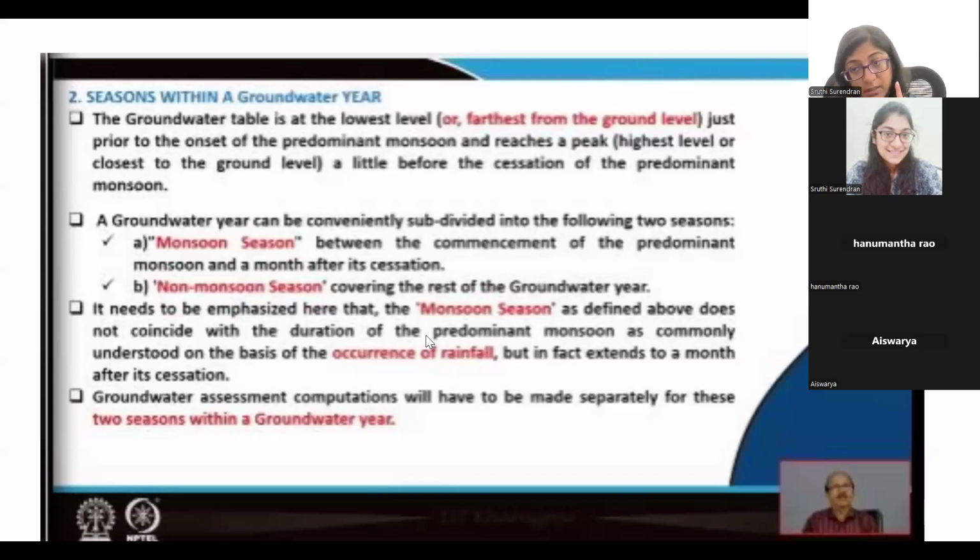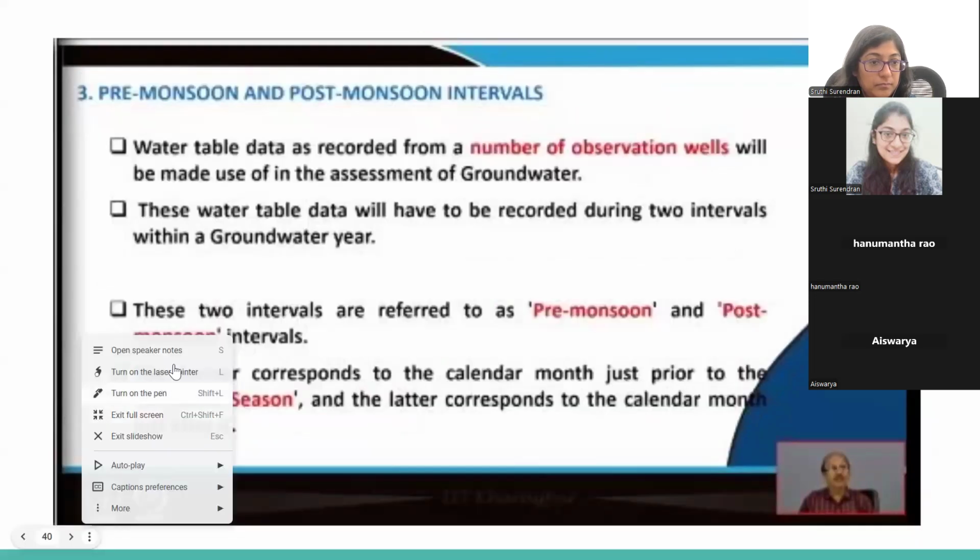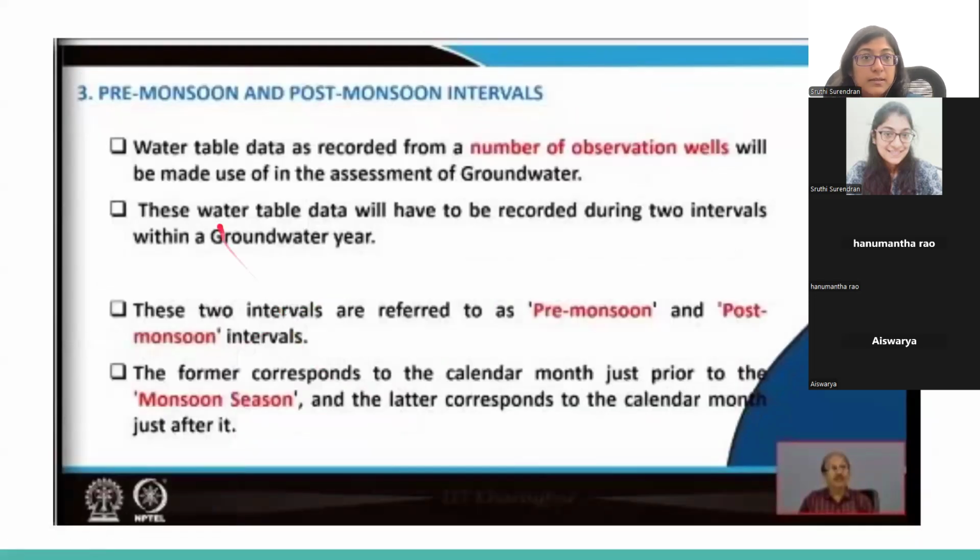So we know what a groundwater year is. We also know what the seasons within a groundwater year are: monsoon season and non-monsoon season. Then there are the pre-monsoon and post-monsoon intervals. These are the periods during which water level will be measured.